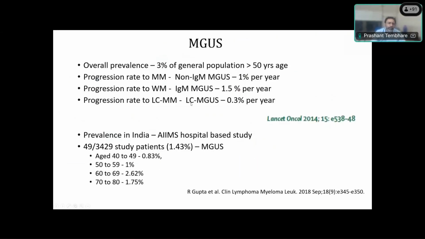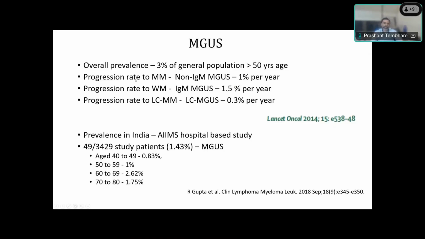Look at MGUS in the general population. The prevalence of MGUS is 3%. That means 3% of the general population, especially the old age population, have MGUS.